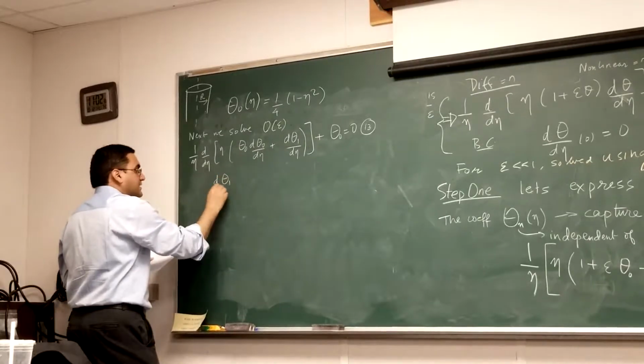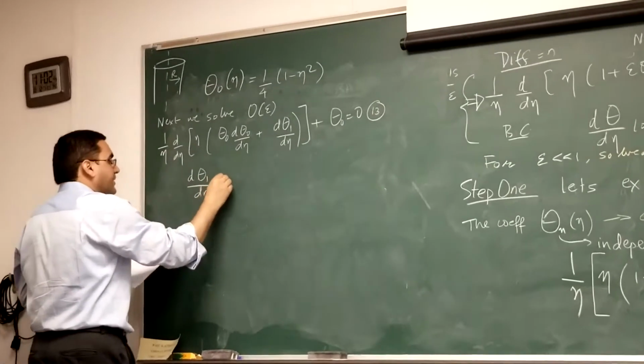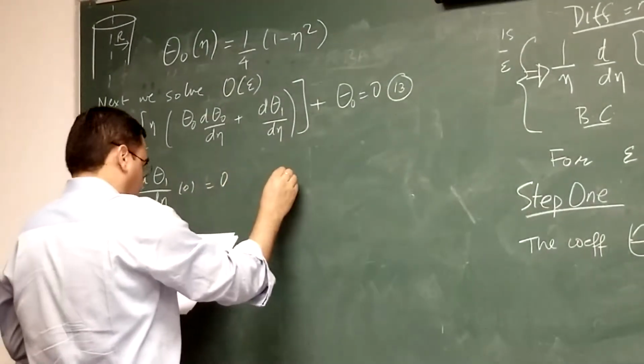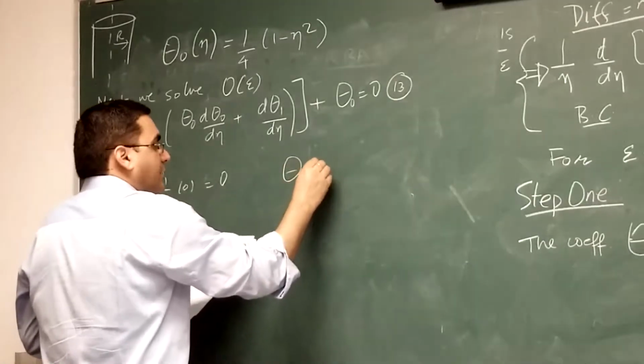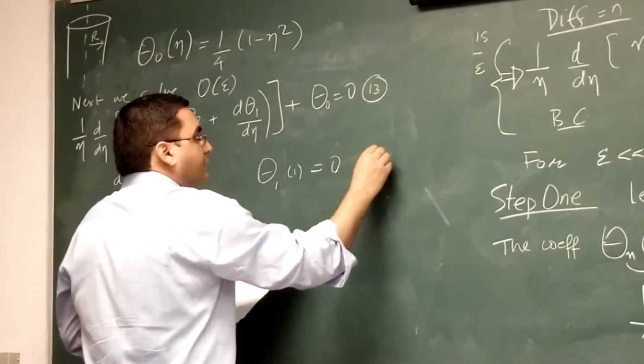This is the only term from the first boundary condition that is order epsilon, and this is the only term from the second boundary condition that is of the order epsilon.